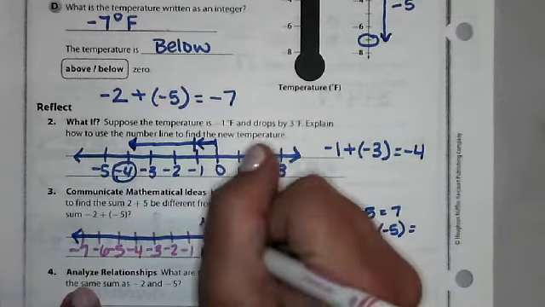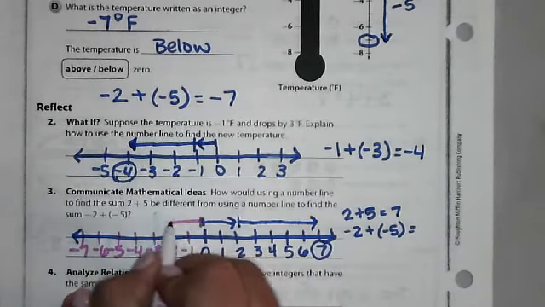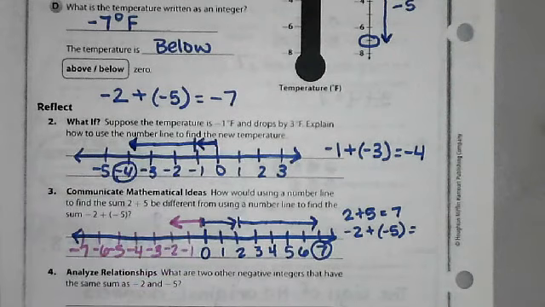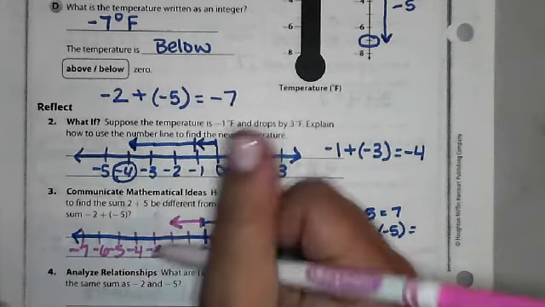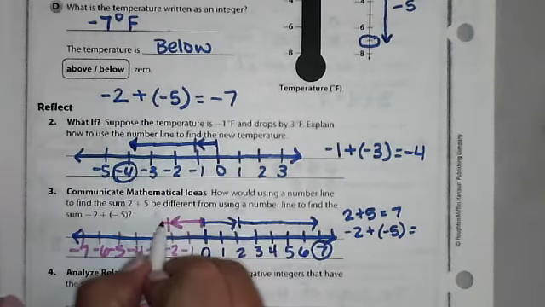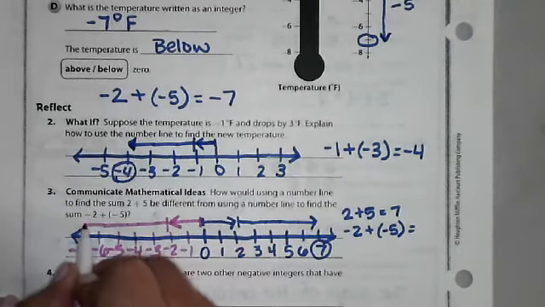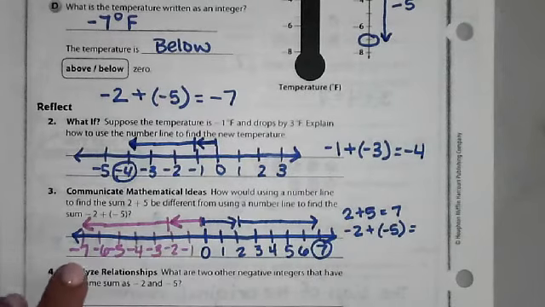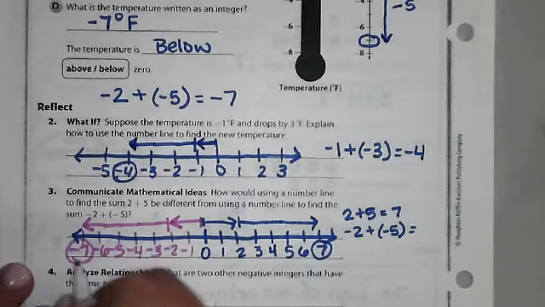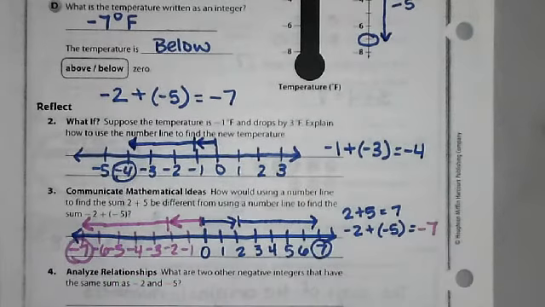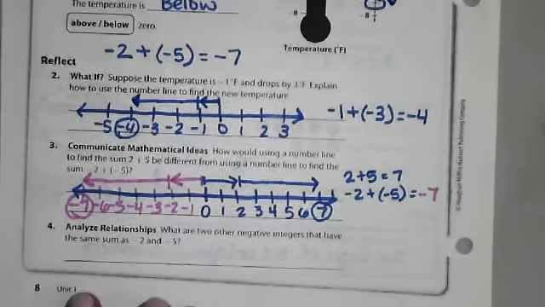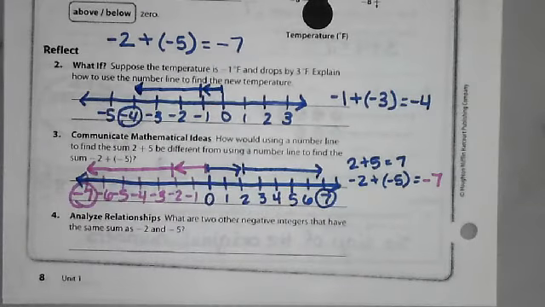It's going to be a negative answer. So -2 plus -5, start at 0 and go to -2 for that initial value. And then add -5. So we're going to add 5 negatives. 1, 2, 3, 4, 5. And where do we end up? -7.